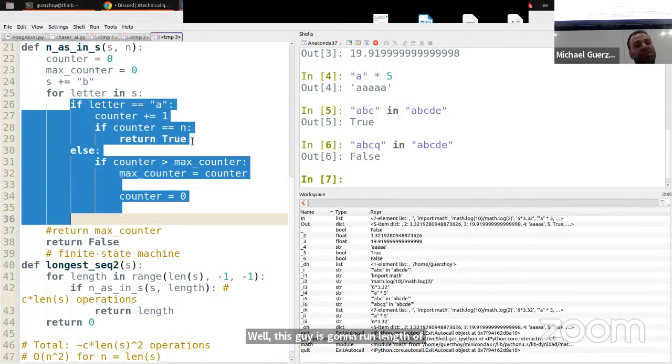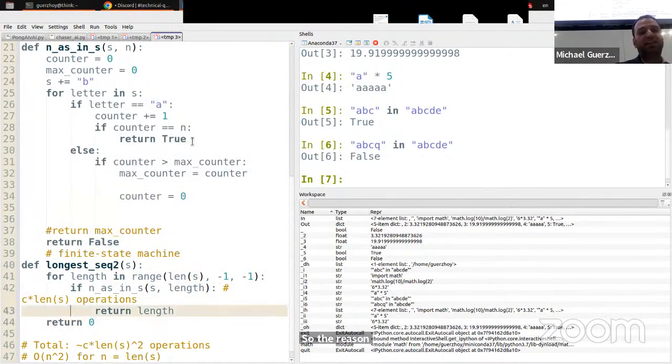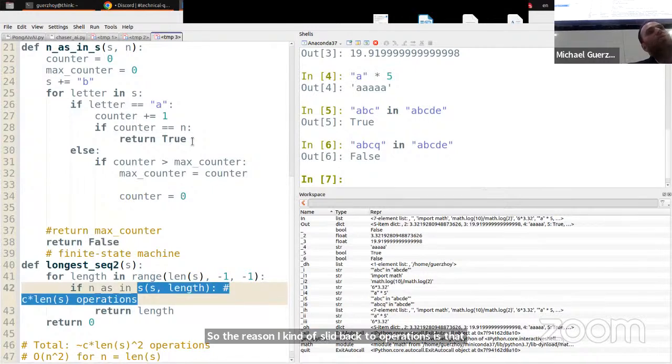So if it takes C operations, then in total, it's going to take about C times length of S operations. So the reason I kind of slid back to operations is that I needed to express this somehow. And sometimes people say, oh, that's O of N. Well, that can be misleading. It's better to write it down as operations. And that's because if for different amounts, it's going to be like different multiplicative constants, the multiplication is not going to work. Okay, does this make sense?